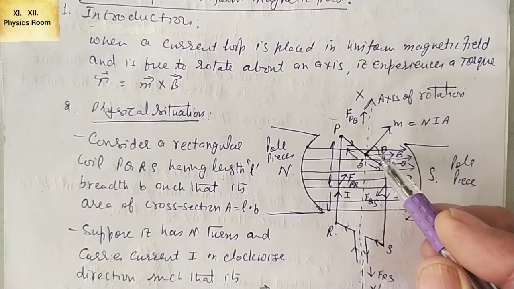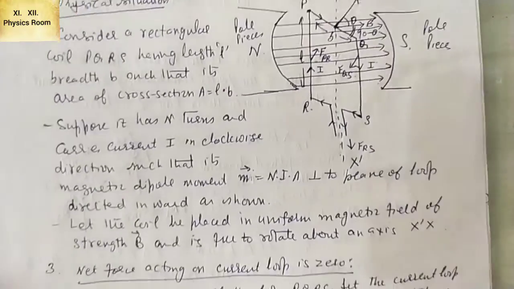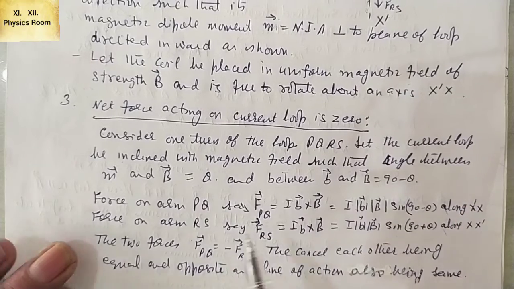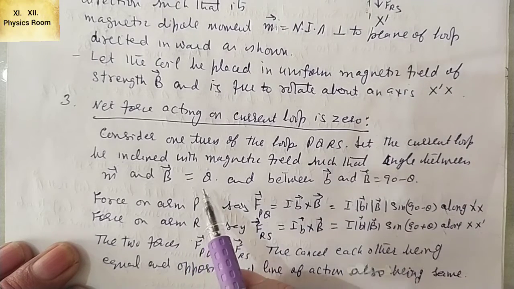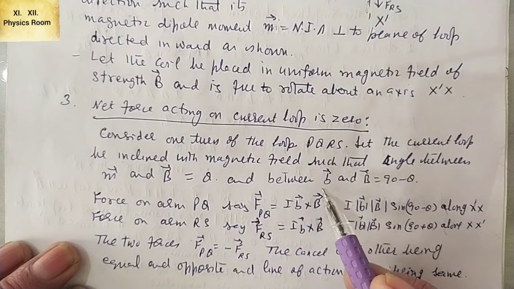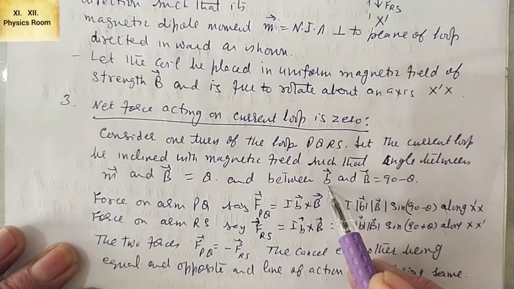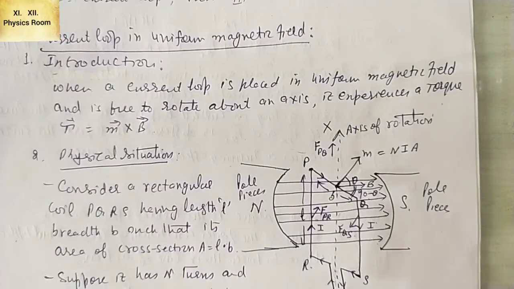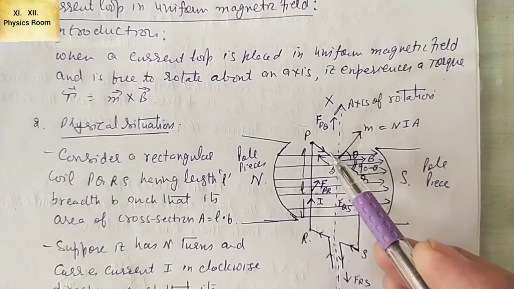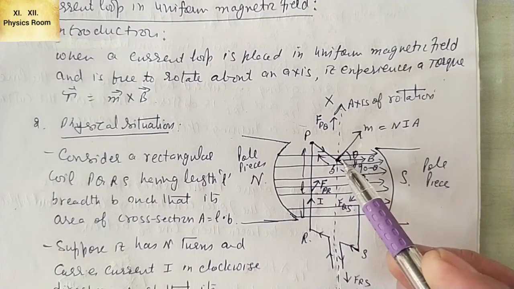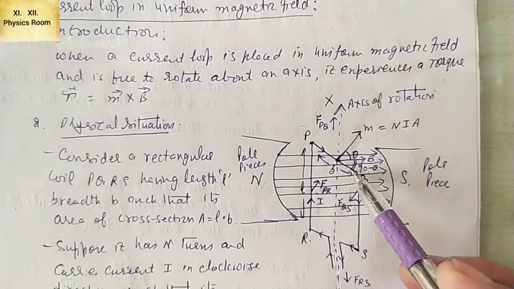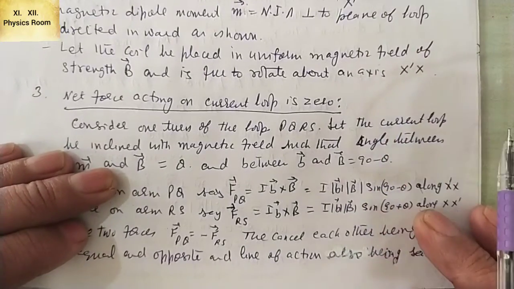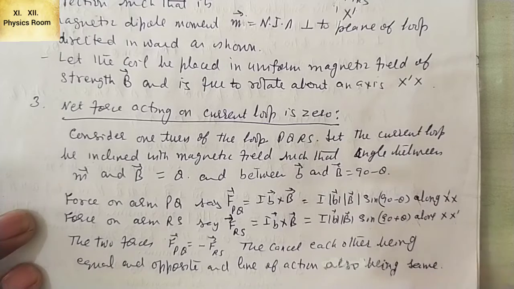And the angle between small b, that is the breadth, and magnetic field B is 90 minus theta. So these parameters you have to understand carefully.